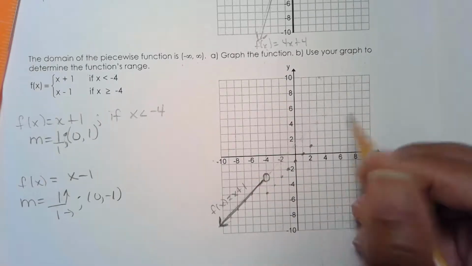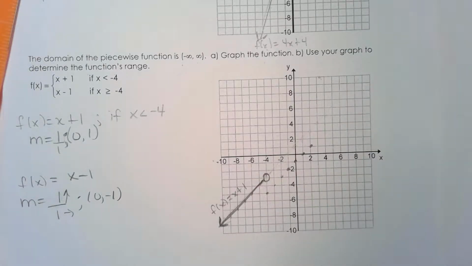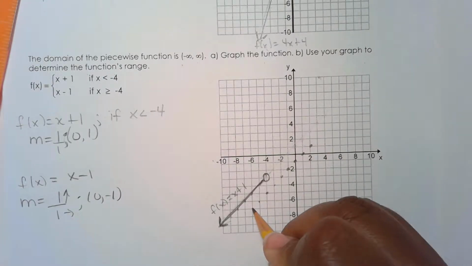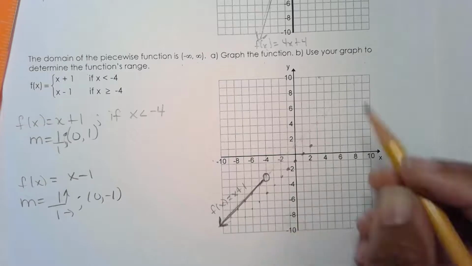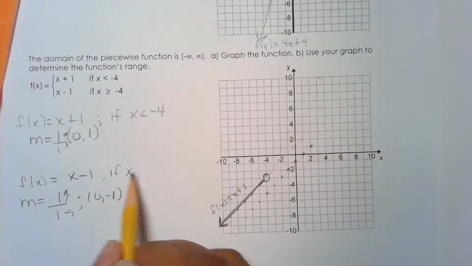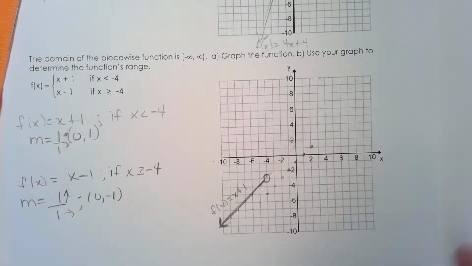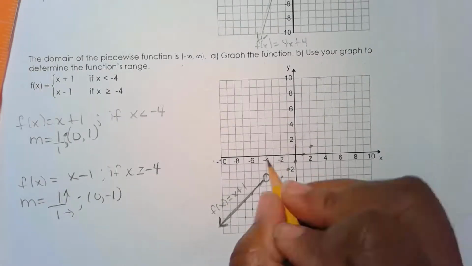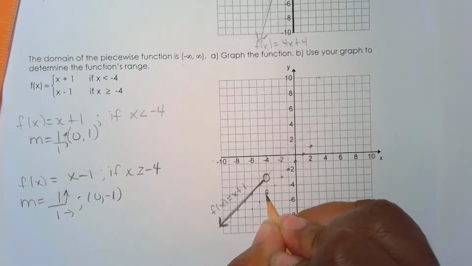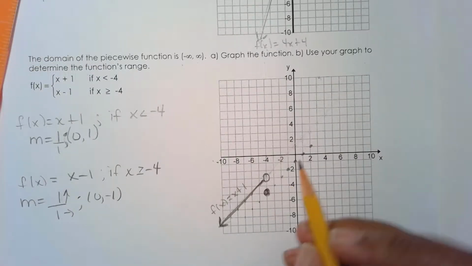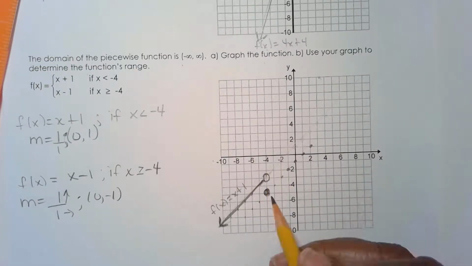All right, so let's finish this out here. Our stipulation says if x is greater than or equal to negative 4. So at negative 4, we have a closed circle because that means negative 4 is being included, but we're looking at all values that are to the right of negative 4.